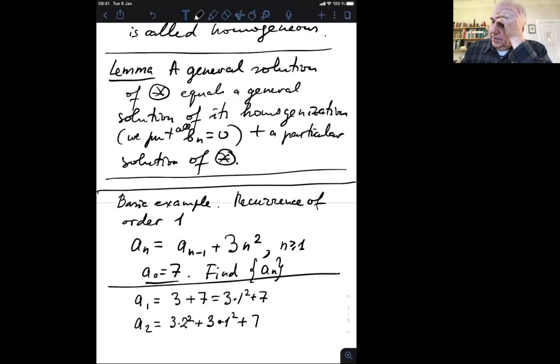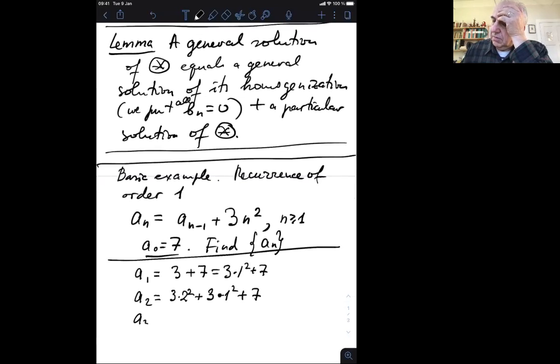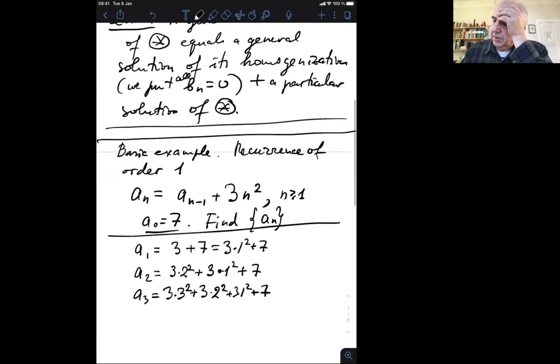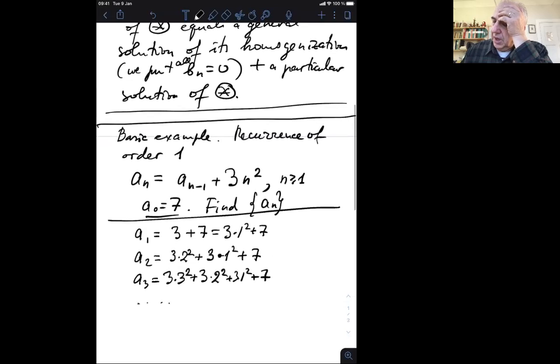And a_3 equals 3 times 3 squared plus 3 times 2 squared plus 3 times 1 squared plus 7. And so on. We get that a_n, in other words, would be equal to the sum for k from 1 to n of 3k squared, and to this we have to add 7.